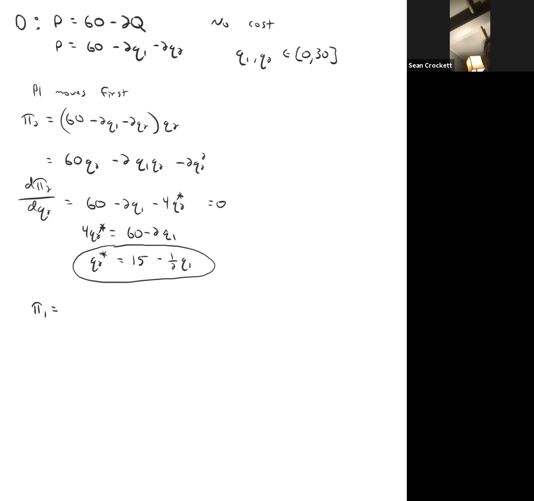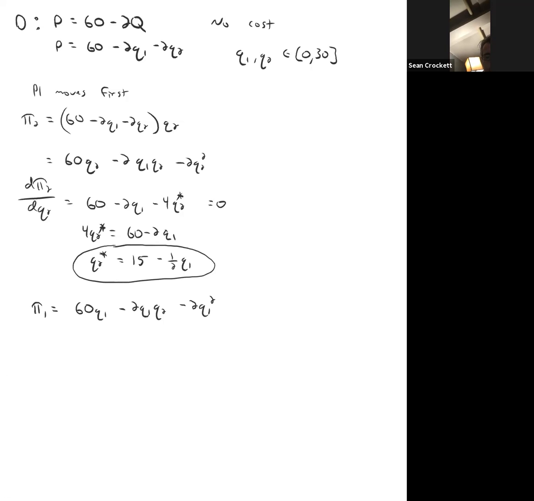So player 1's profit function is going to be 60 times Q1 minus 2Q1 Q2 minus 2Q1 squared. We haven't done any substituting yet. That's just price times quantity.